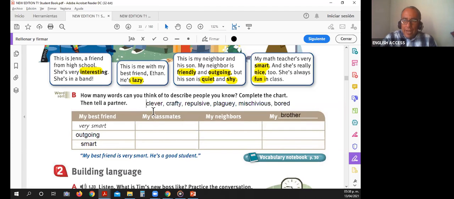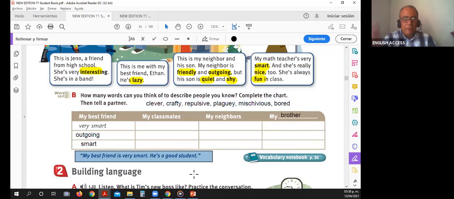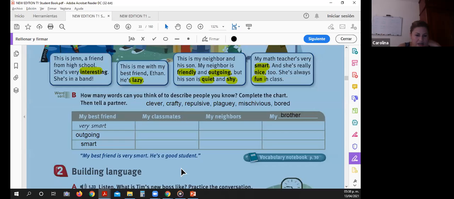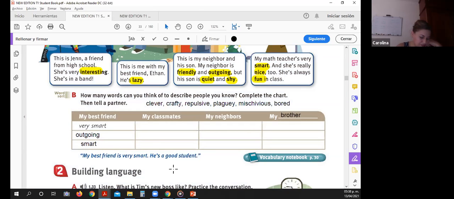Now with your classmates, try to use this example. My classmates. If it's one, my classmate is. If there's two or more, my classmates are. Okay, Carolina?